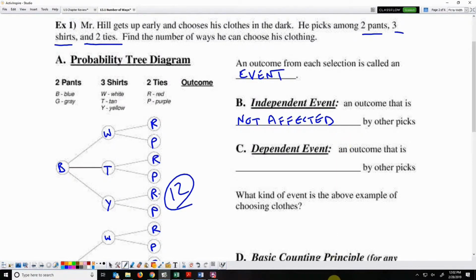So when you're choosing your clothing in the dark and you're just grabbing a pair of pants and a shirt and a tie, then in that case, what color pants you wear makes no difference on the color of shirt you wear. Now in reality, probably once you pick one item, you narrow down your choices for the next, and those are called dependent events, an outcome that is affected by other picks.